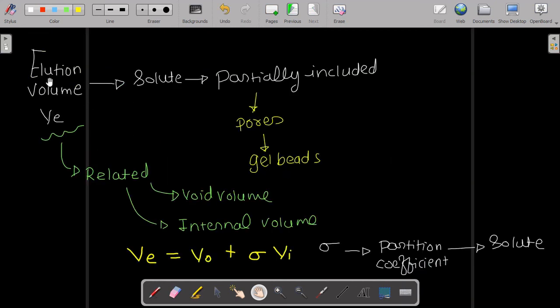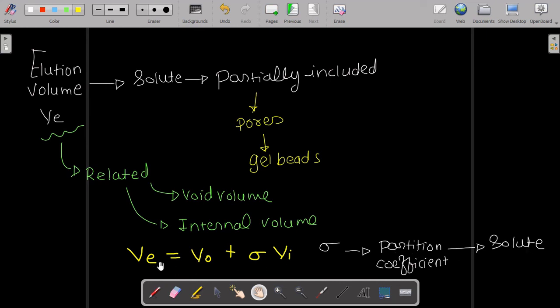Now, the elution volume Ve of a solute that is partially included in the pores of gel beads can be related to void volume and internal volume by this equation: Ve, the elution volume, is equal to void volume V0 plus sigma times Vi, the internal volume, where sigma represents the partition coefficient of the solute.